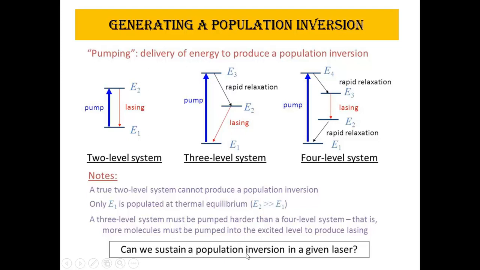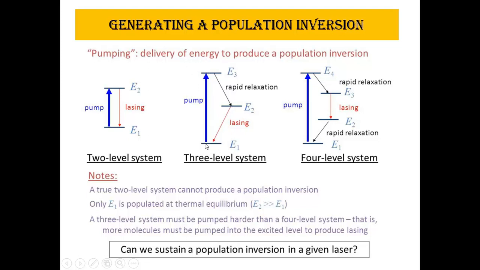Okay, so can we sustain a population inversion in a given laser? Yes, definitely we can sustain it by allowing the system to be acted on by some external source of energy, so that as soon as the electrons reach the ground state they can be directly pumped to the excited state.